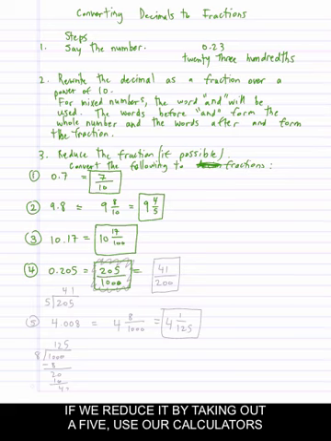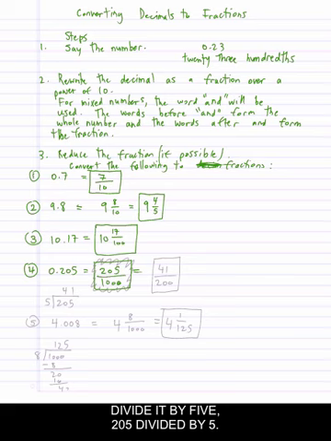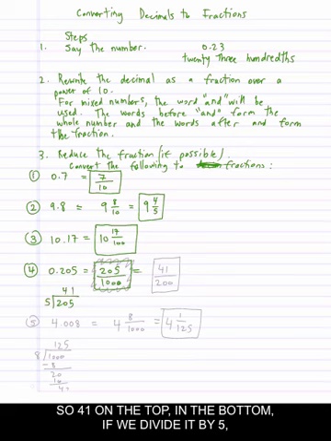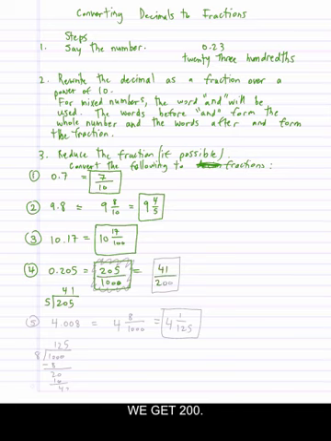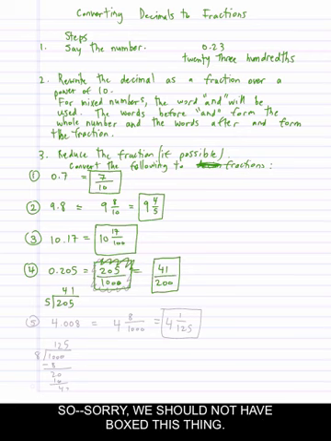If we reduce it by taking out a 5, use our calculators in our brains, right? Divide by 5, 205 divided by 5. I'll show the work here. 41, right? So 41 on the top, and the bottom, if we divide by 5, we get 200. That would be the reduced form of this number.